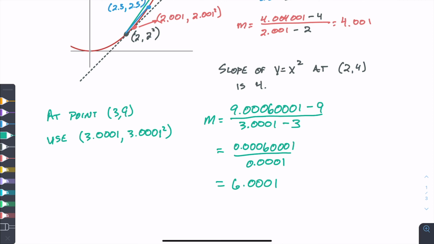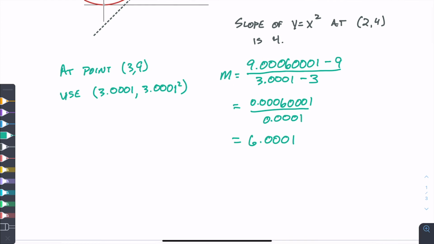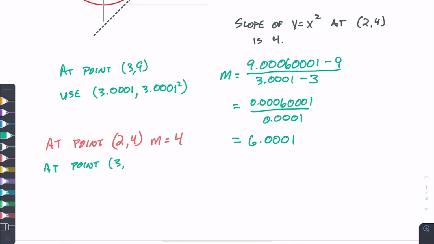All right, so here is a brief summary of the two slopes that we found. At the point (2, 4), we have a slope of 4, and at the point (3, 9), we have a slope of 6.